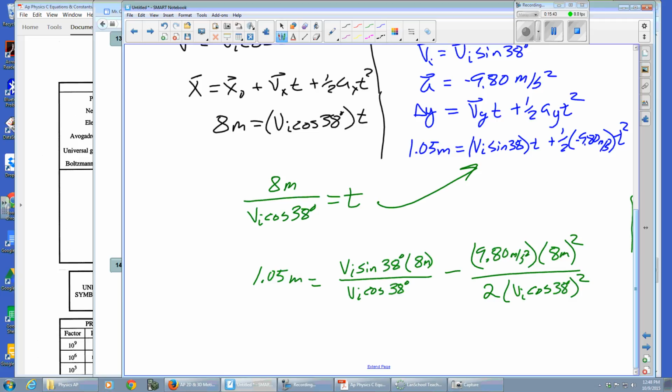But then you can just rearrange and solve for vi. You can do the algebra. I would use the calculator, though, for ease. Maybe simplify it one more step down, and then put it in your calculator and give it a try. Use the solver. All right? So give that a try. See what you come up with, and I'll see what I come up with.